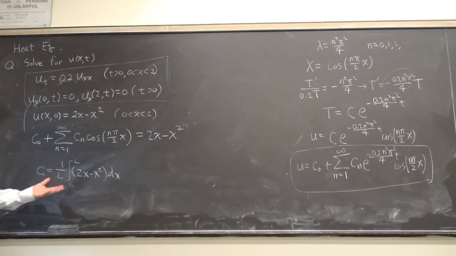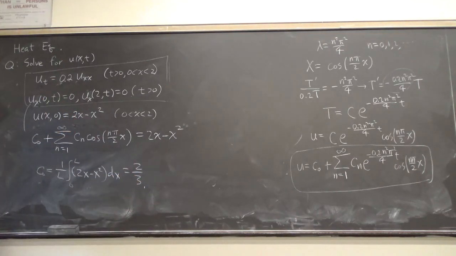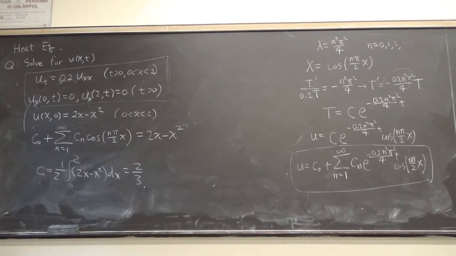We also did this before, right? What was the value? It was 2/3. If we have L as 2, we did this calculation a few minutes ago. It was 2/3, right?